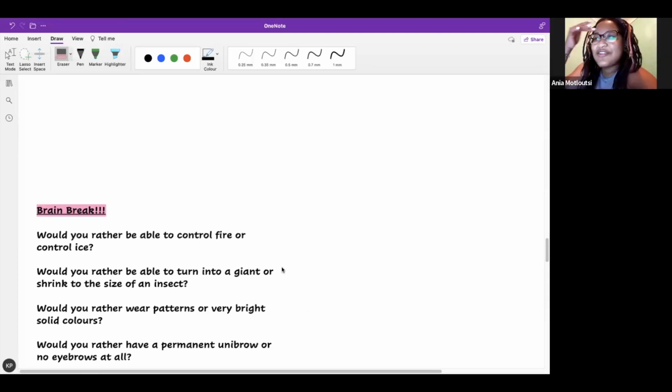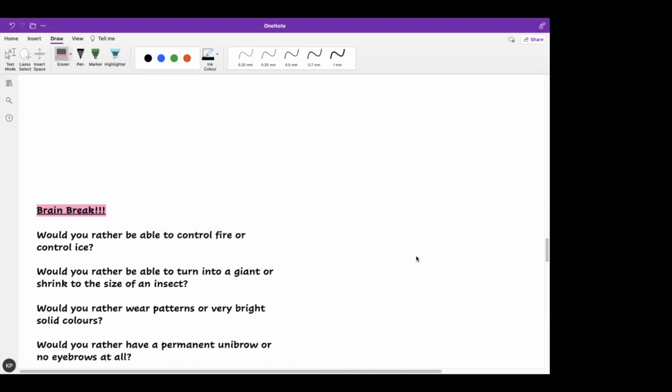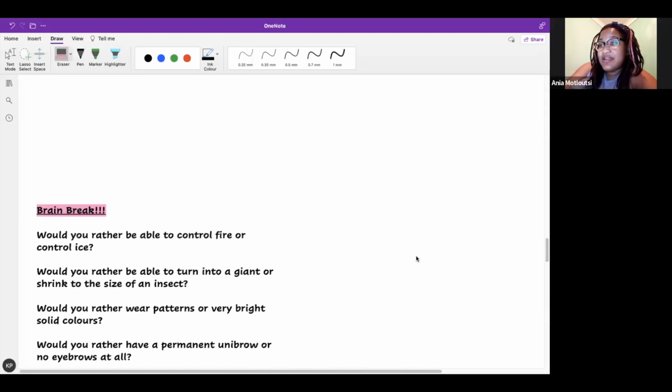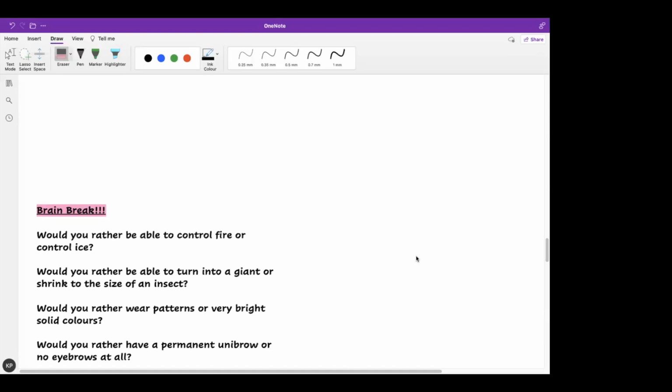You can just draw them on. No, I want a unibrow. And look like Squidward. Oh my goodness, literally you will look like Squidward. I didn't think of that. Oh my goodness, how do you guys think of such things? I actually can't. I'm done with you guys.